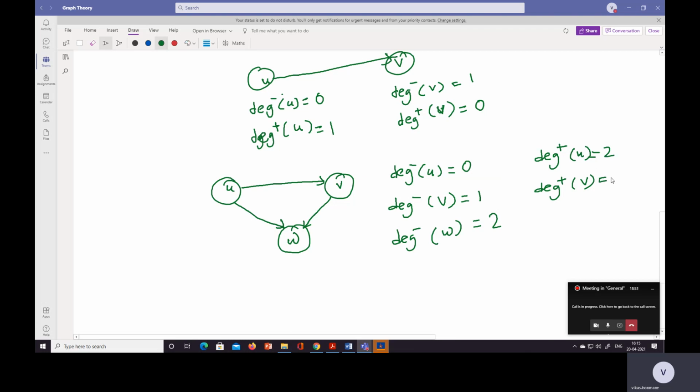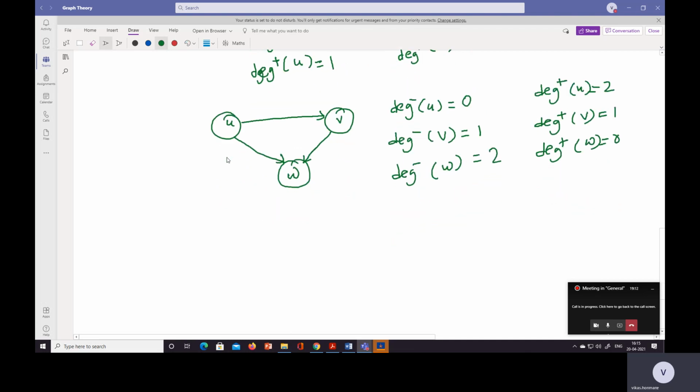And out degree for w is 0, because no edge goes out from w. Okay, so this is how we compute the degree for directed and undirected graphs.